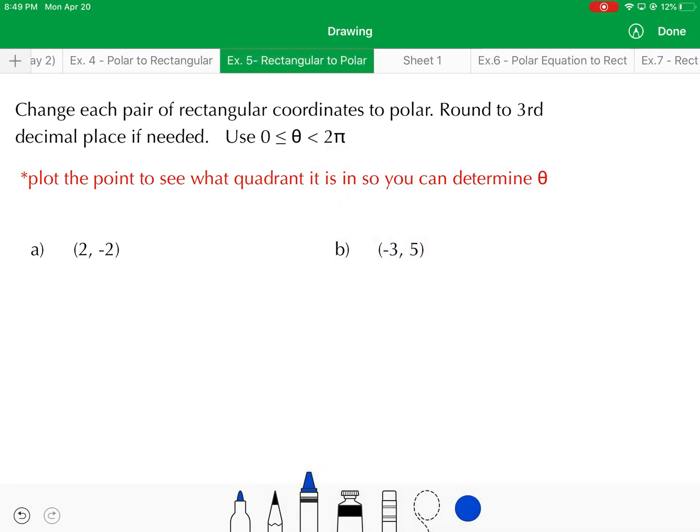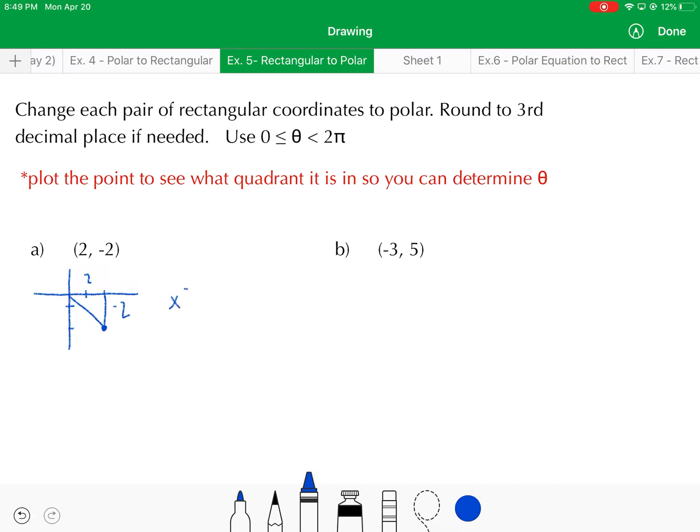All right, so the rectangular set of coordinates 2, negative 2. Let me plot that point. That would be in the fourth quadrant. Okay, let me draw the right triangle associated with it. And first I'll go after my r value.